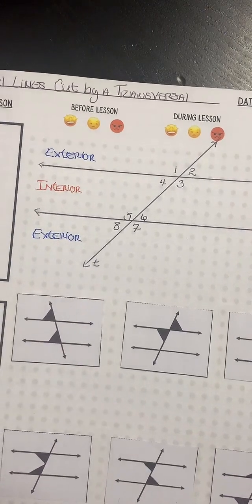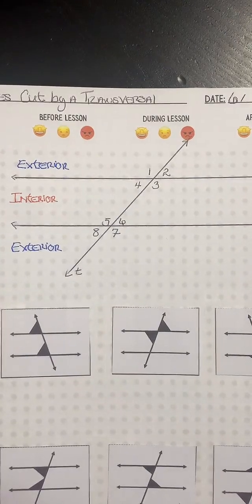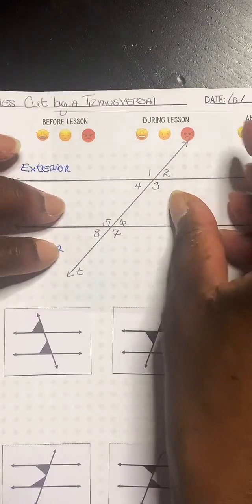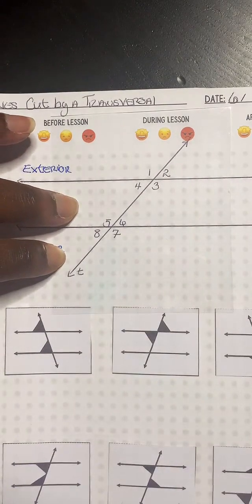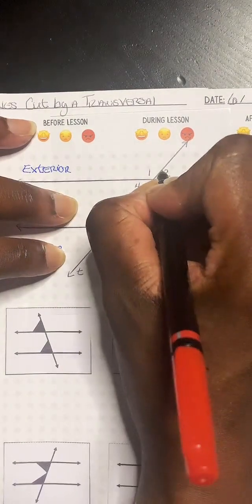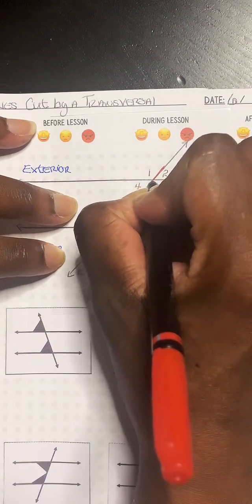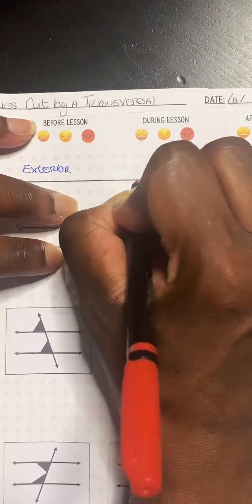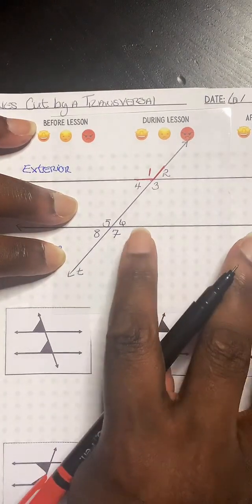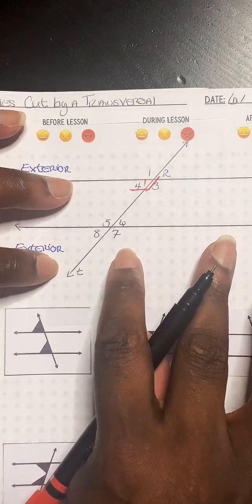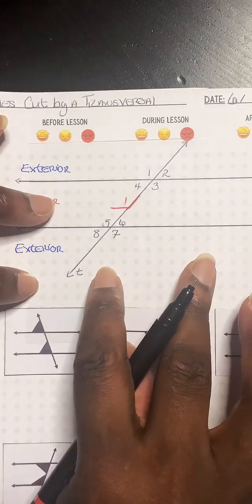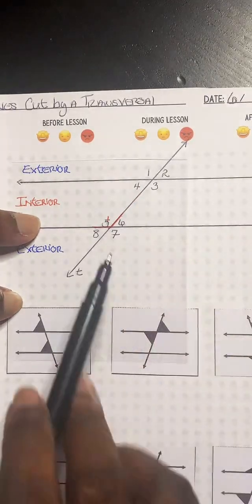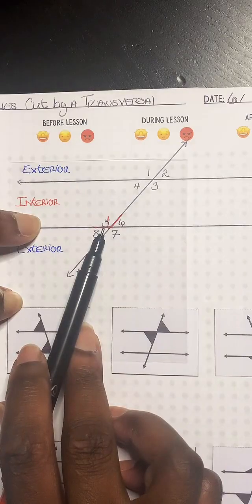So if we take a look at, say, angle 1, and if I copy angle 1 and slide it down my transversal, I can stop right over top of angle 5.